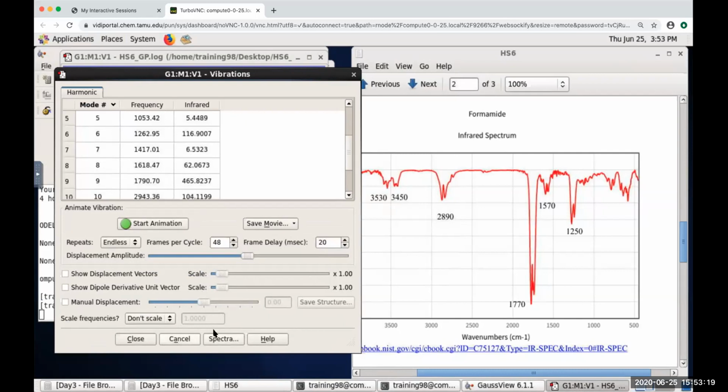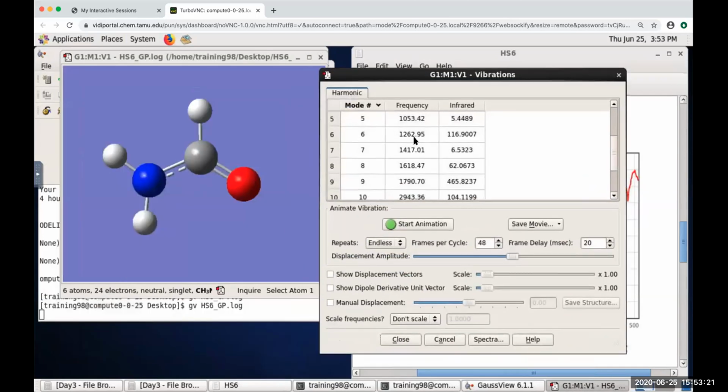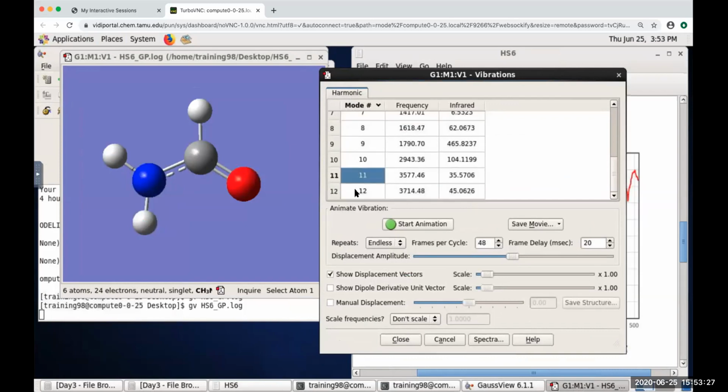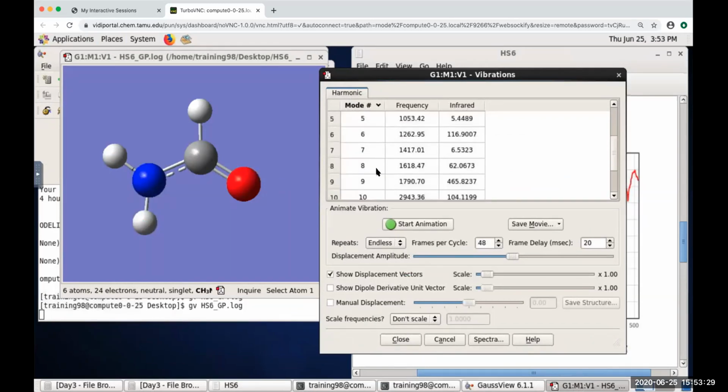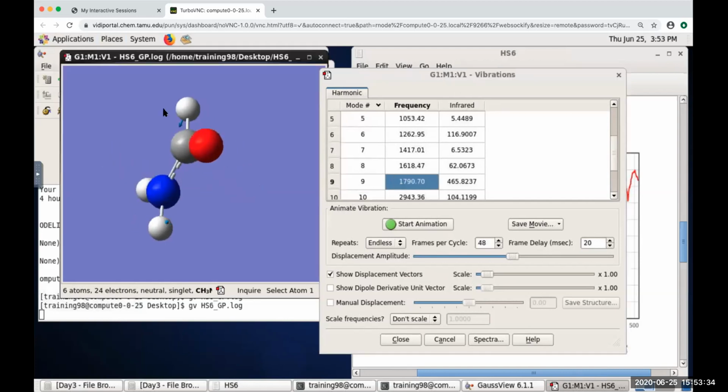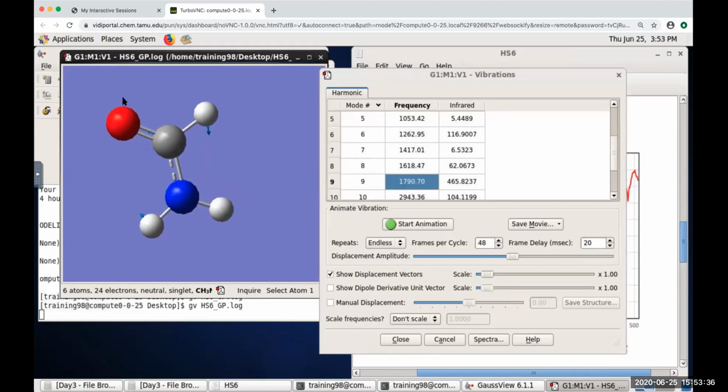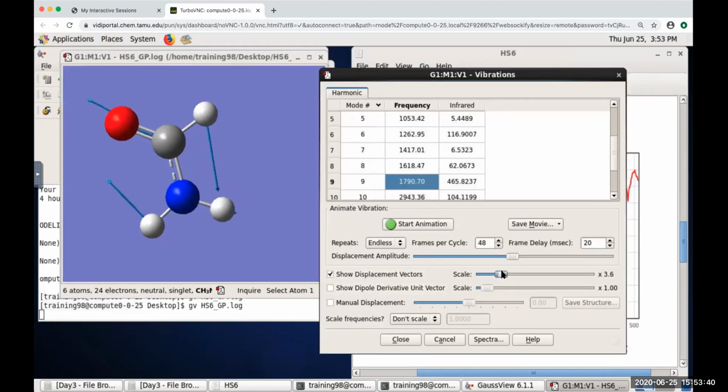But if you're not sure, you can turn on those displacement vectors, right? Try to click on the right one. Increase the scale.